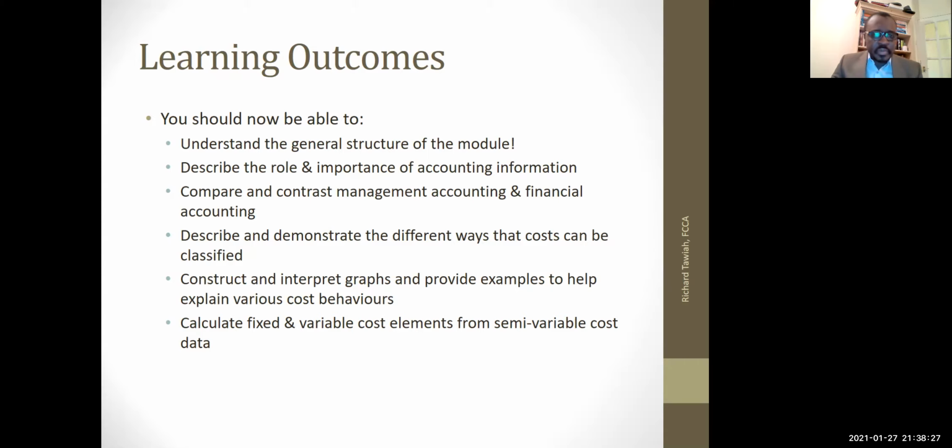And it's so easy. From the 2 illustrations you've seen, I wish we were face-to-face so you could do the calculation, but I'm sure with this, you can easily calculate a fixed and variable cost element from semi-variable cost data.